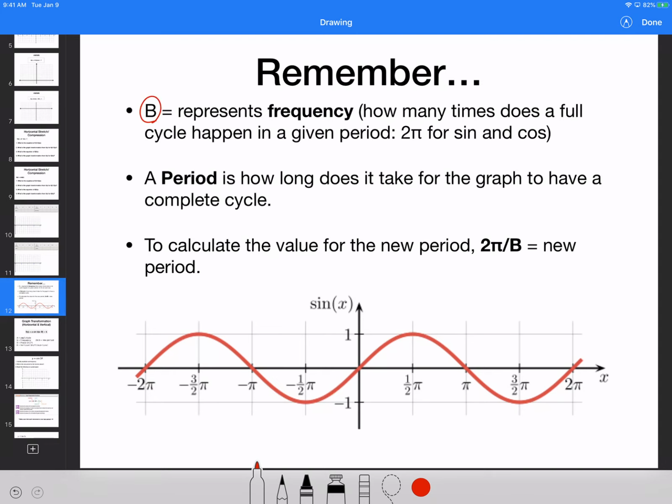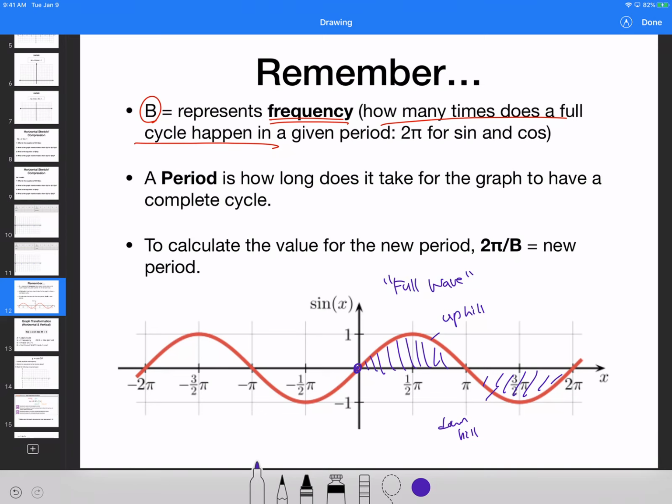So the B value that we're going to be talking about represents frequency. Okay, a frequency is how many times a full cycle happens. That's my own personal definition of it. So in a regular sine or cosine graph, you see one right down here, a sine graph, is that a full wave is basically one uphill, that's what I like to call it, one uphill and one downhill.